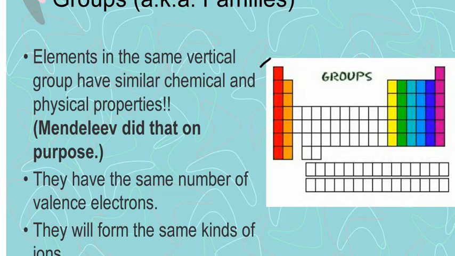So all of these elements here that are in red are more like each other than any other element on the table. The elements here in orange, they're part of a family, and they all are chemically similar in their physical and chemical properties. The elements over here in purple, those are our noble gases. They're all chemically unreactive. So each vertical group has chemical and physical properties that they share.